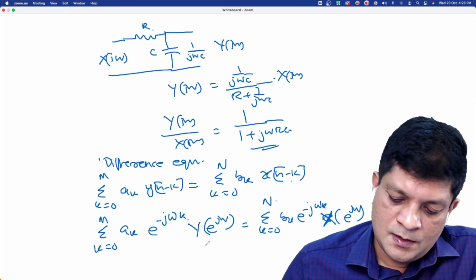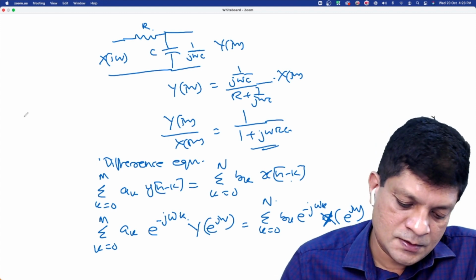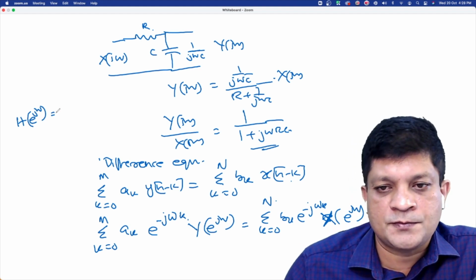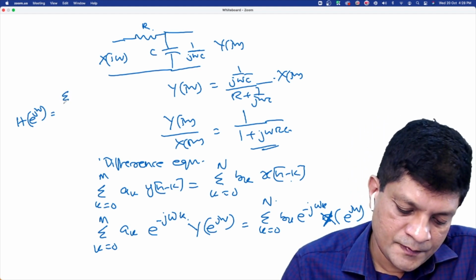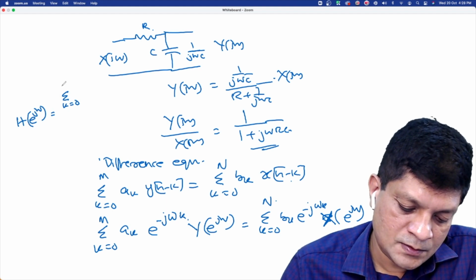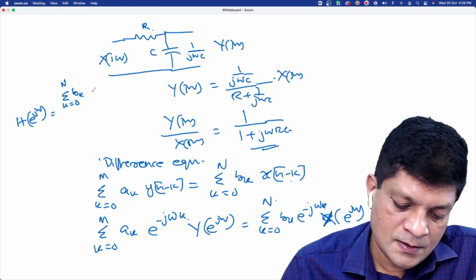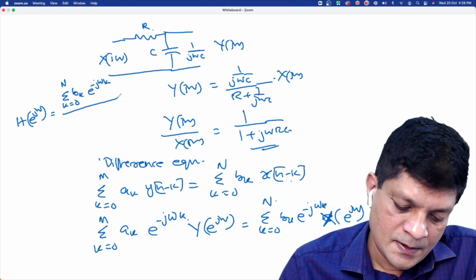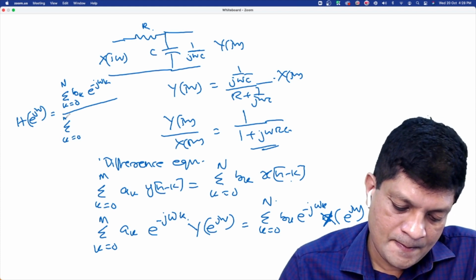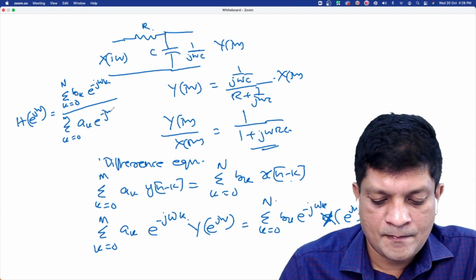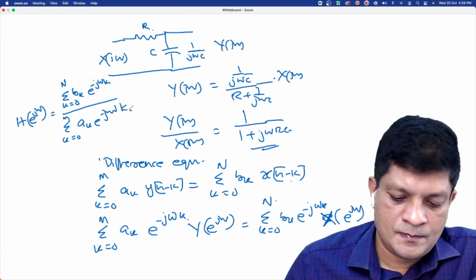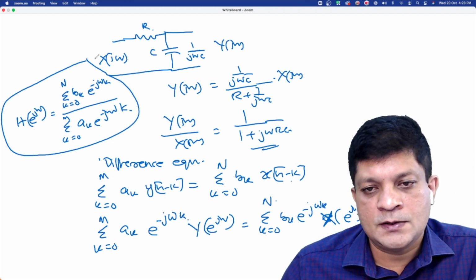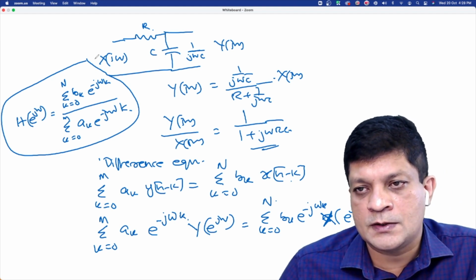And if you cross multiply these terms, you will get this H of e to the power j omega, that is the frequency response of the discrete time system: summation 0 to M of b_k e to the power minus j omega k divided by the corresponding summation of a_k. That is how we find the frequency response of the system if we are given the difference equation.